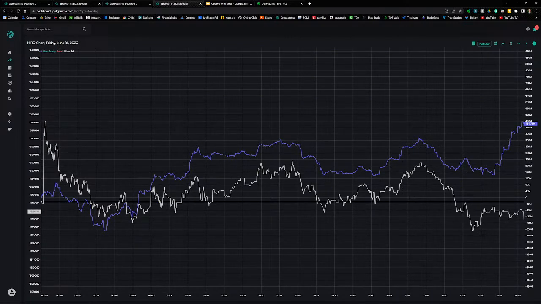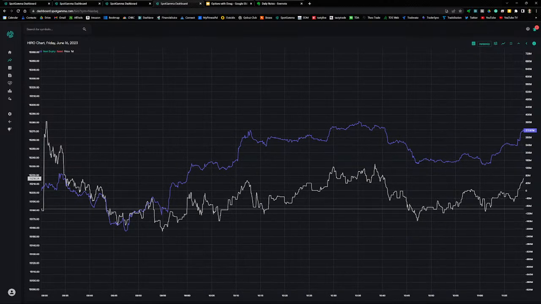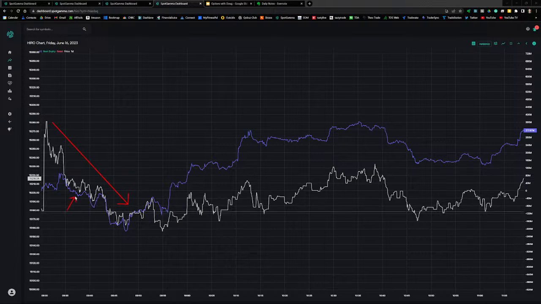You can actually zoom in on the first 20 minutes. Hero is definitely negative, setting up a short. Again, I thought the S&P 500 was an easier read, both definitely hedging flow and order flow as well.